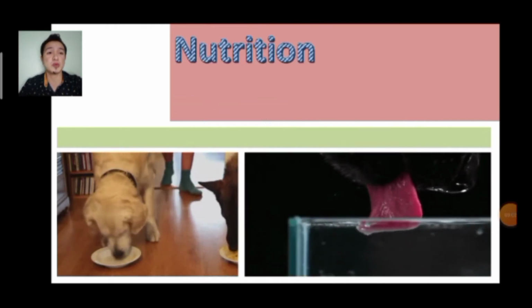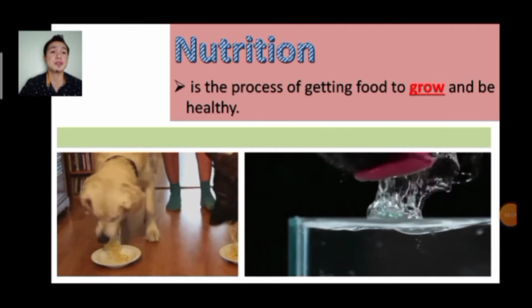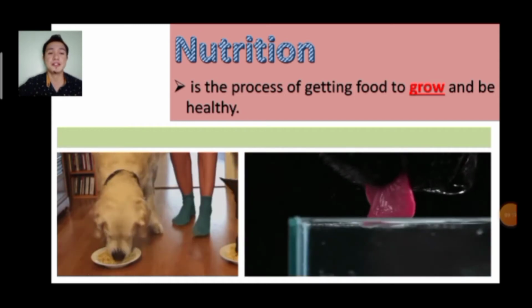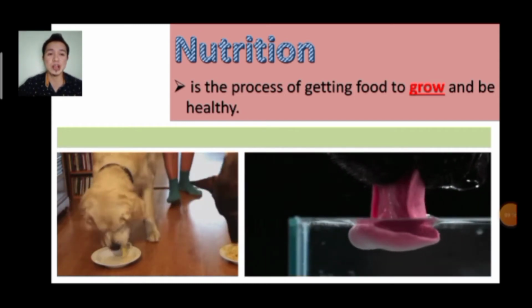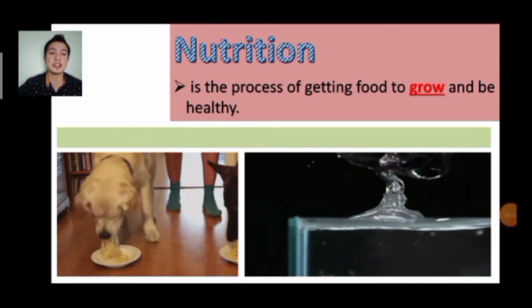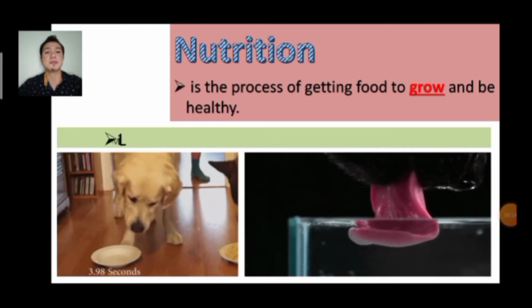Nutrition, number 1. Okay, it is the process of getting food to grow and to be healthy. Look at the dogs there. The other dogs are eating and the other dog is drinking water. So this talks about nutrition.